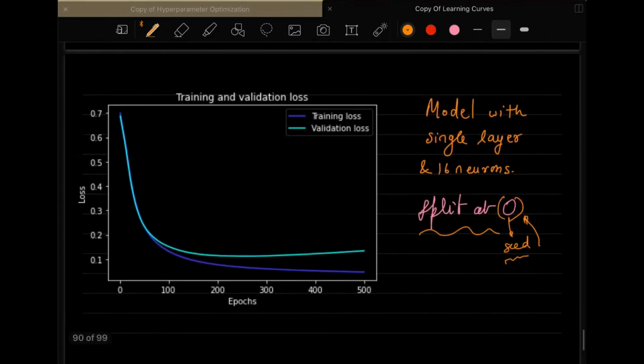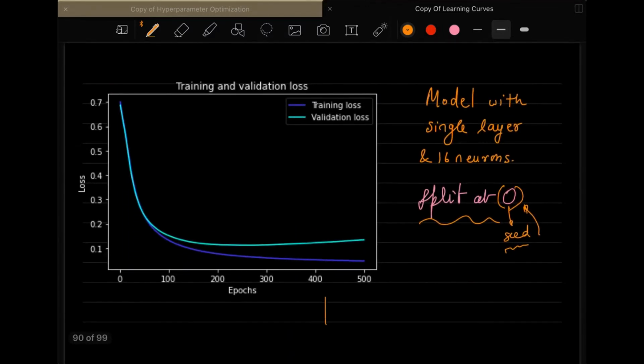Whereas in this case, it is also matching, but your validation loss is going up while your training loss is still going down. The reason for this is that at this split of 0, it might be the case that your validation dataset has images which are very hard to train on.